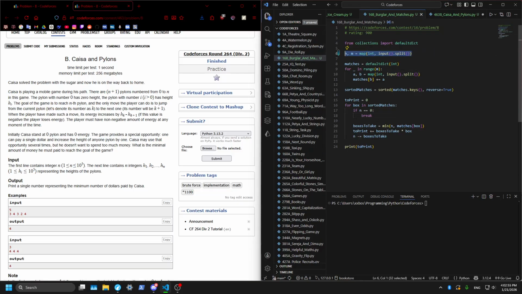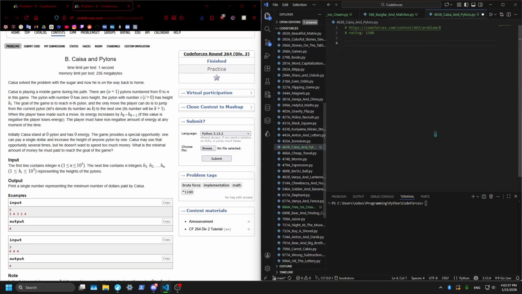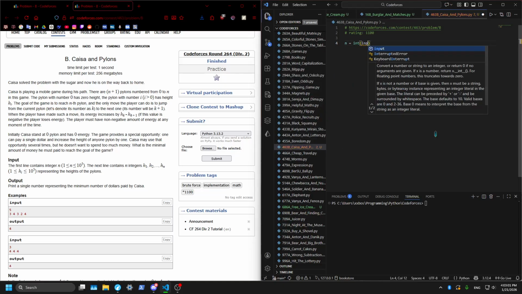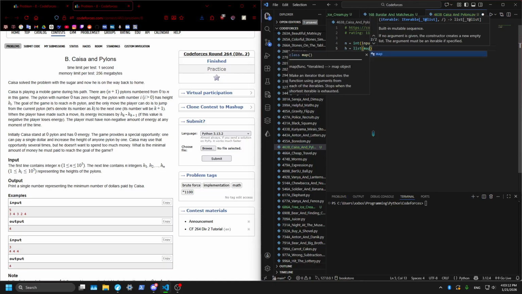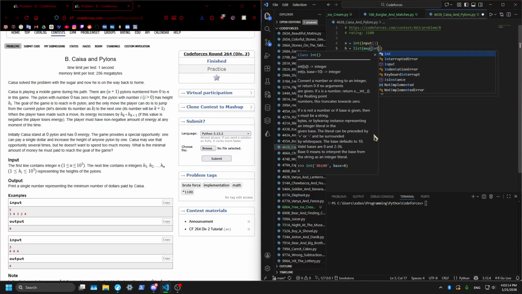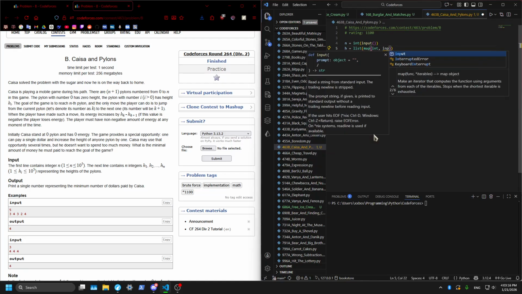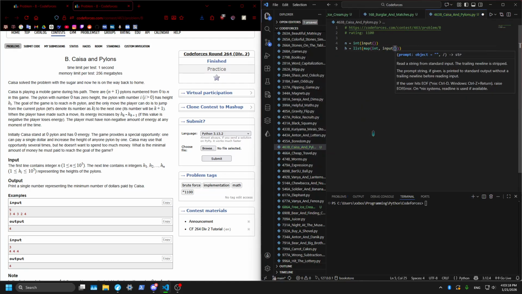First line of input, that's just n equals int input. And then the second line is an array of integers, h equals list map int input dot split.